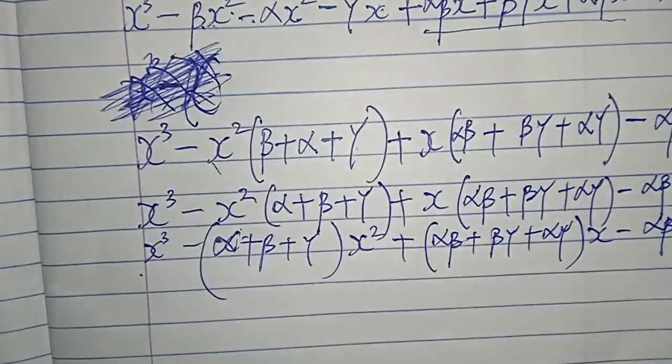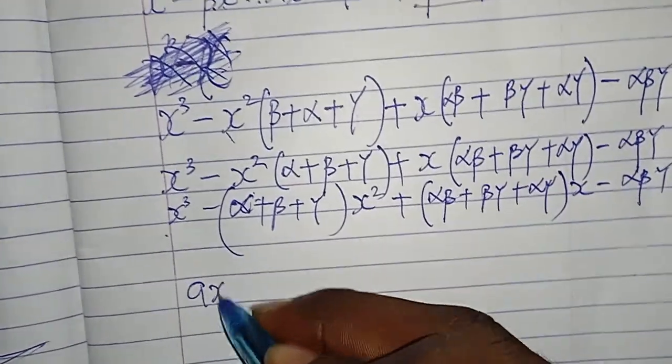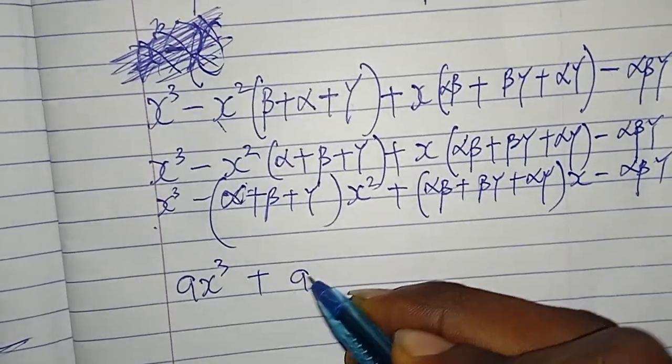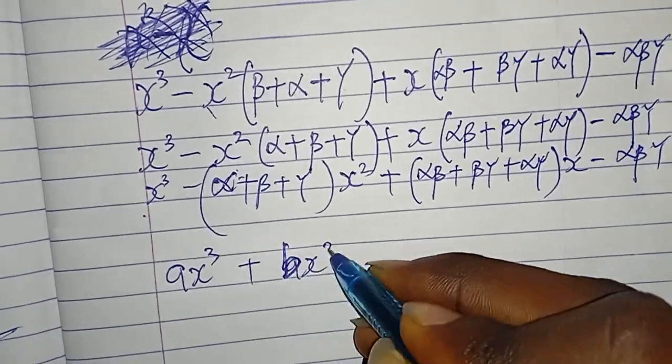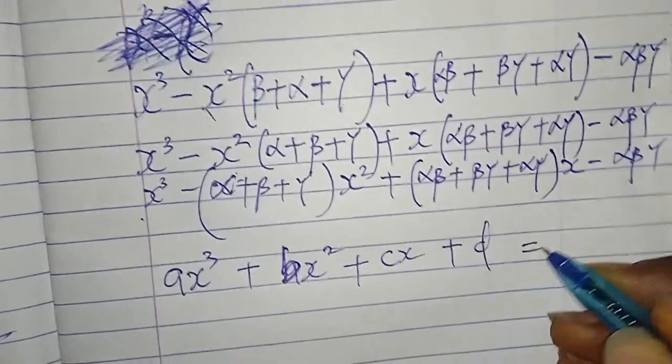So comparing it with the standard equation of a cubic equation, we have a x cubed plus b x squared plus c x plus d equals 0.